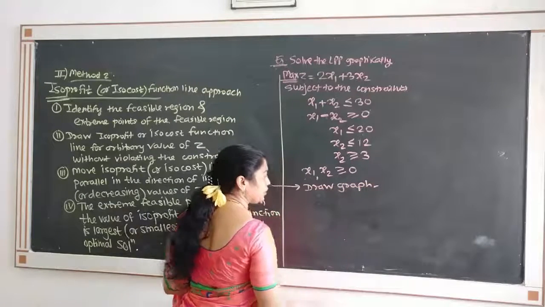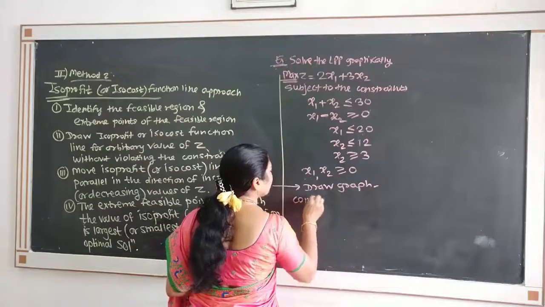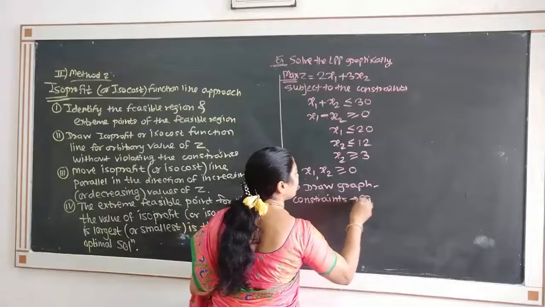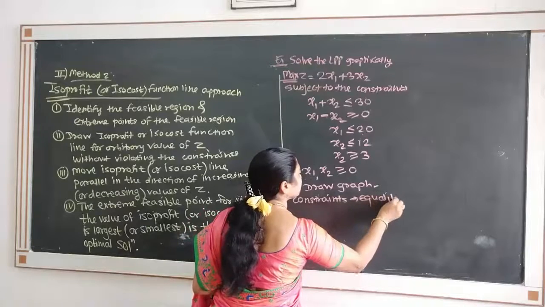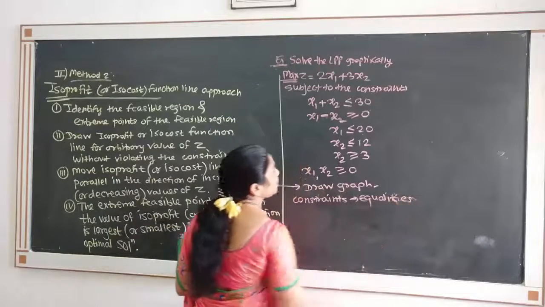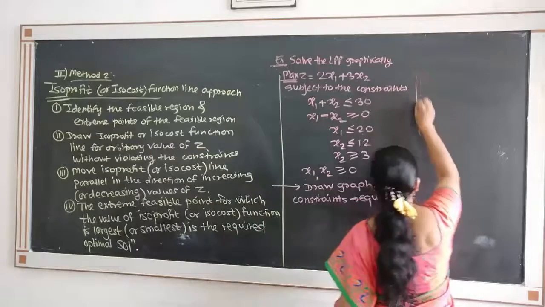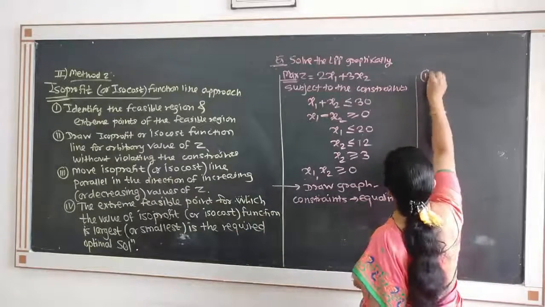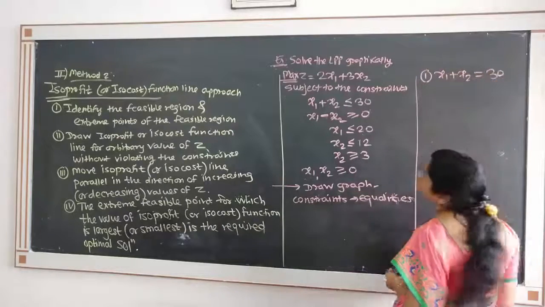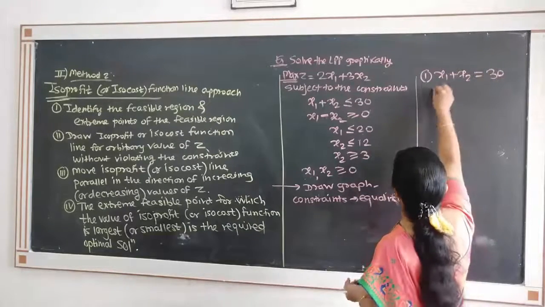As usual, to solve this, we will draw the graph. Find the feasible region, and for that we write down the constraints as equalities. See the first constraint, x1 plus x2 equal to 30. I am taking constraint as equality.